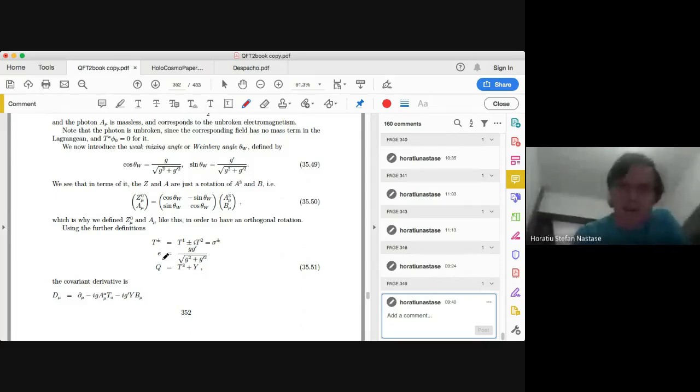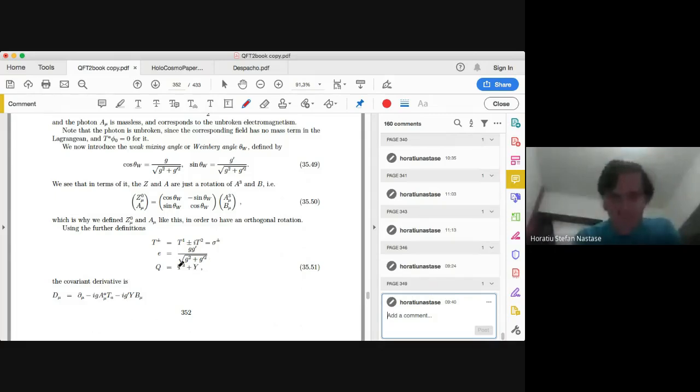And I define the electromagnetic coupling e in terms of the SU(2) coupling g and the U(1) hypercharge coupling g prime as e equal to g prime over square root of g squared plus g prime squared, and the corresponding electromagnetic charge Q as T3 plus Y. So the T3 being the generator along the direction in SU(2) that is rotated, and Y being the hypercharge, the U(1).